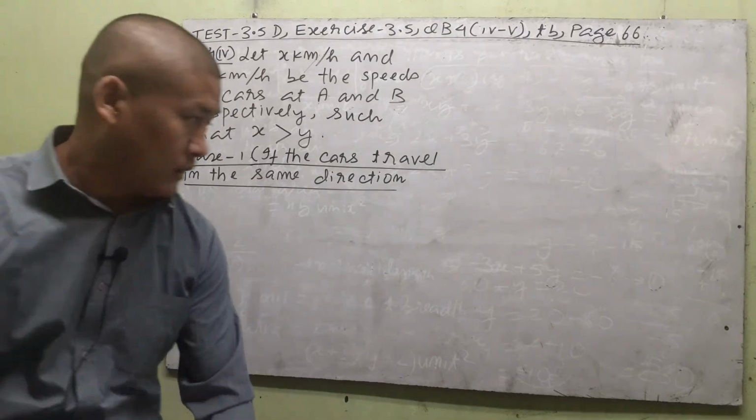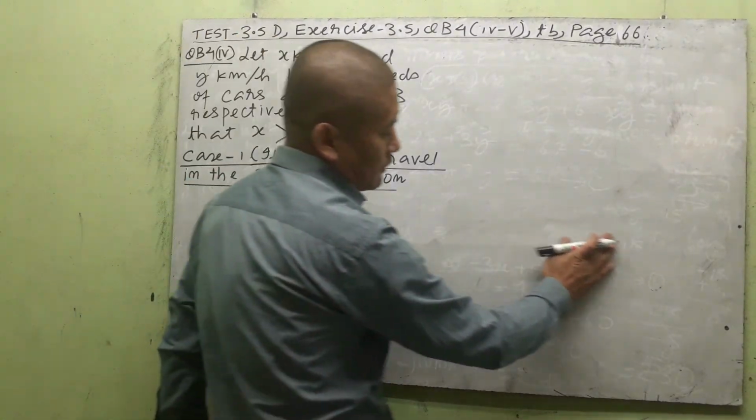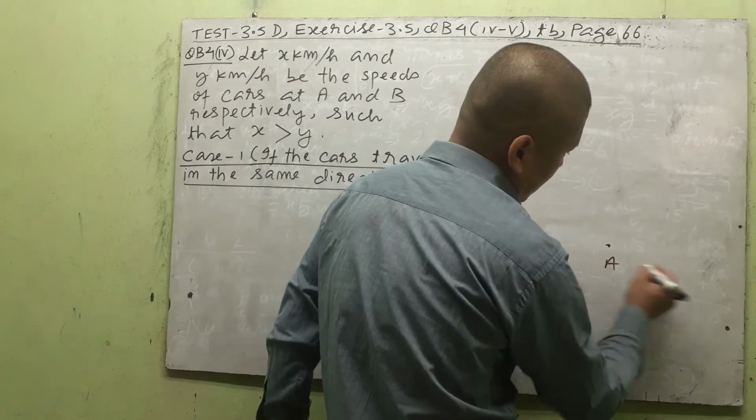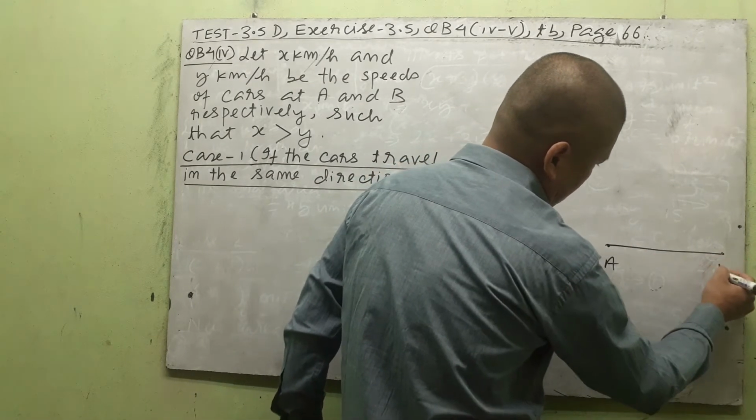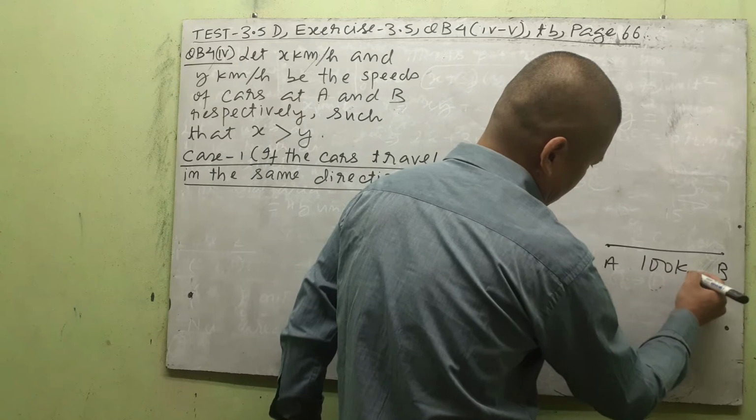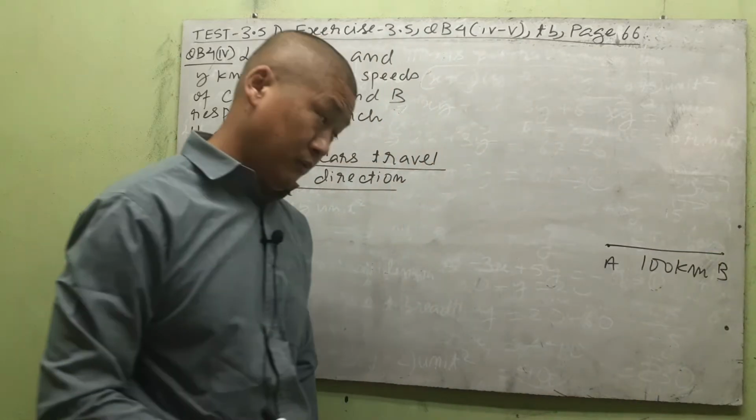Let's do that. So we did not draw this, or if you want you can draw the rough. Places A and B are 100 kilometers apart. The question clearly says that, as we read it a moment ago.